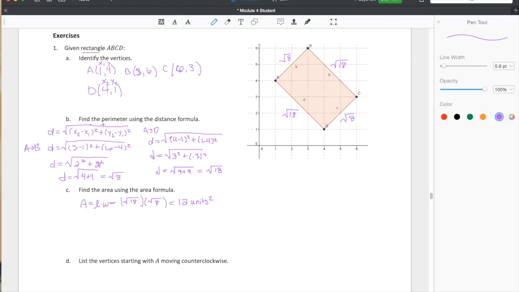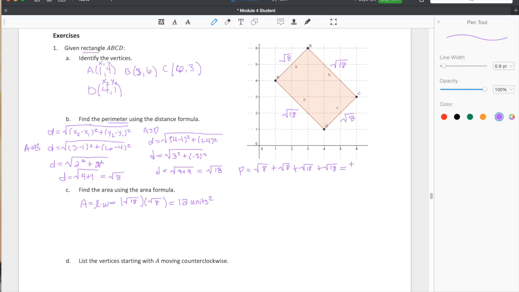And also, they wanted us to find the perimeter using the distance formula up here. So we have to add up all of these numbers to get the perimeter. So P is equal to the square root of 8 plus the square root of 8 plus the square root of 18 plus the square root of 18.